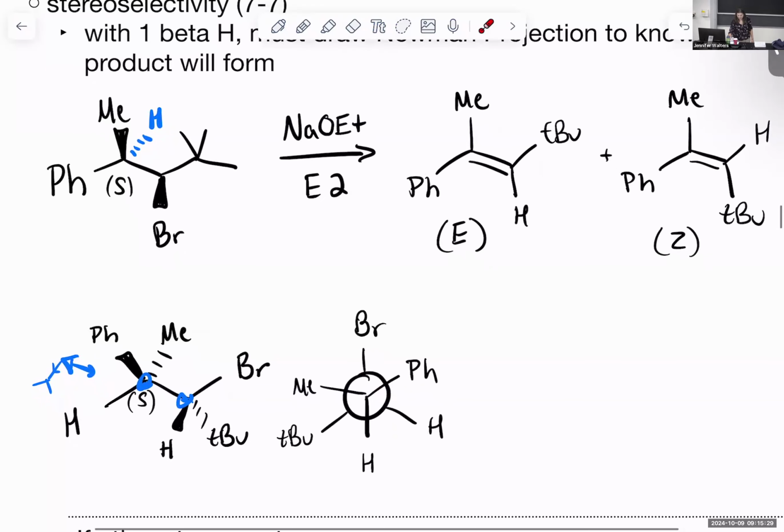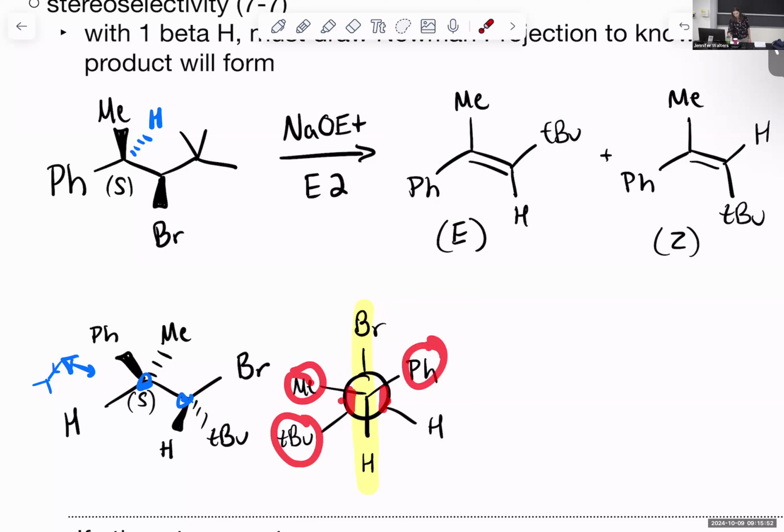And what I like to do is I imagine this is what I'm deleting, right? I'm taking away that hydrogen and that bromine, but it's anti-periplanar, so I can. And when I take that away, I'm going to put my double bond in where it was located. That means that I'm going to have the methyl in the upper left, the tert-butyl in the lower left, the benzene in the upper right, and the hydrogen in the lower right.